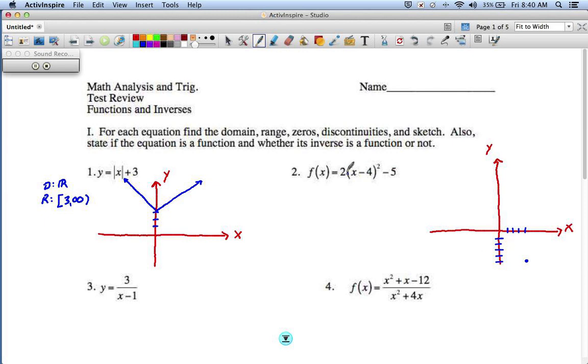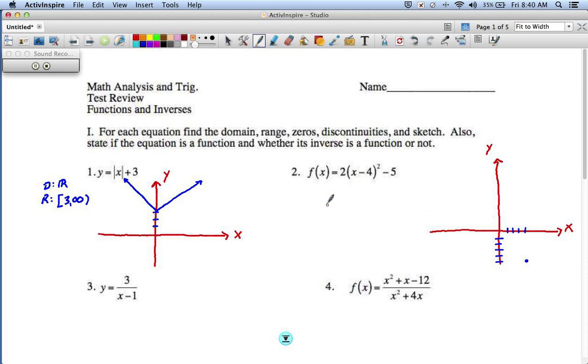Now this 2 is interesting here. Normally we have the point 1, 1 and 2, 4. Well, now we're going to have, instead of 1, 1, we're going to have 1, 2. But remember, we moved to the right 4 and down 5.